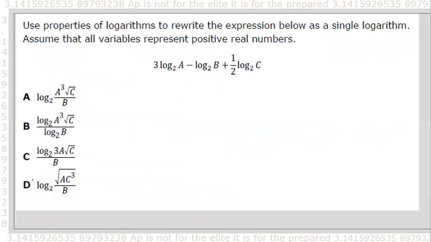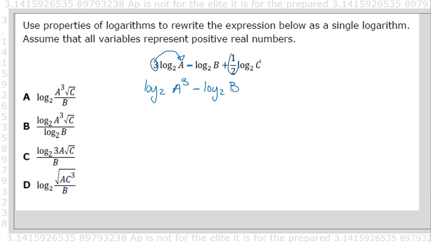All righty. How about compressing? Given what we know, go ahead and try to compress it. Which one of these do you think it will be? Hopefully you saw that if I have a 3, that becomes my exponent. So now I have log base 2 of a to the third. The minus is going to tell me some sort of division. I'm going to leave it like this for a little bit until I compress all the exponents first.